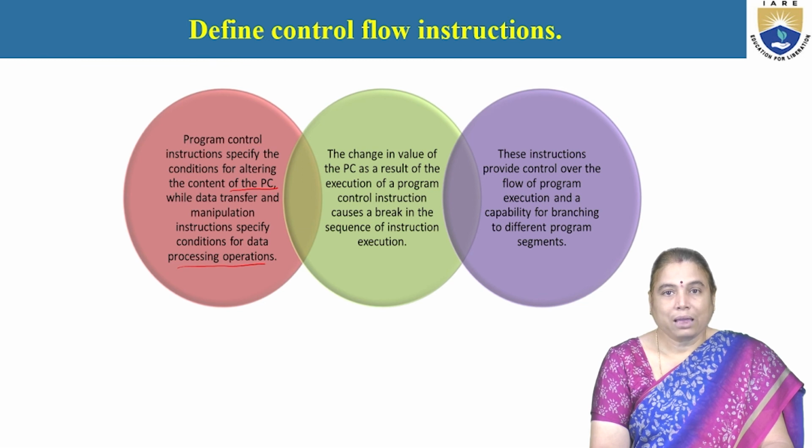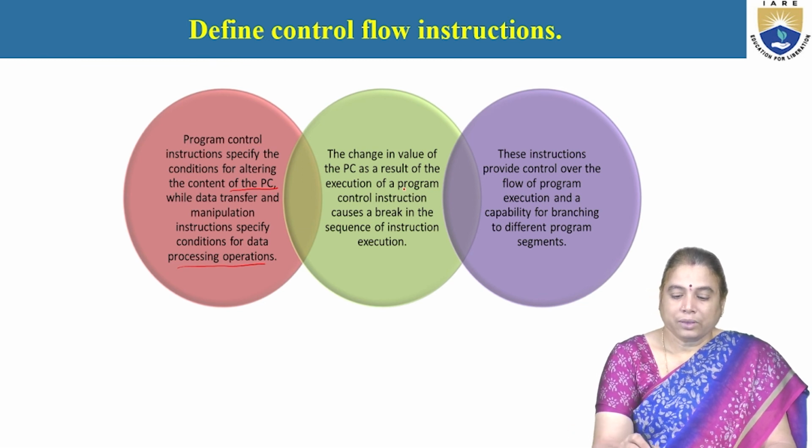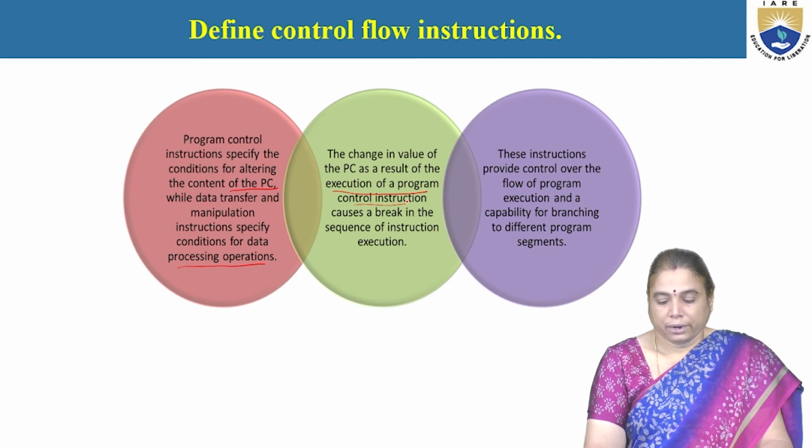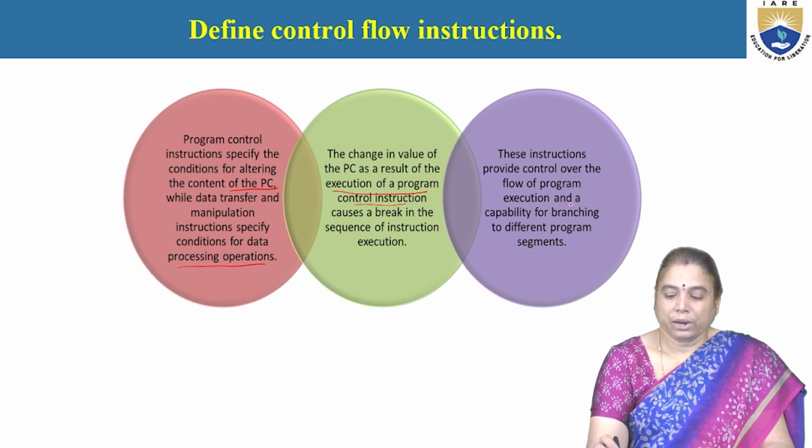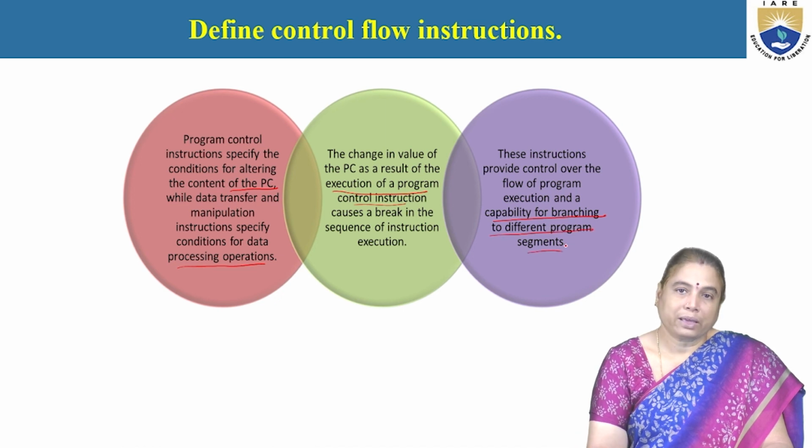The change in the value of the PC alters the execution of the program. So these instructions provide control over the flow of program execution and the capability of branching to different program segments.